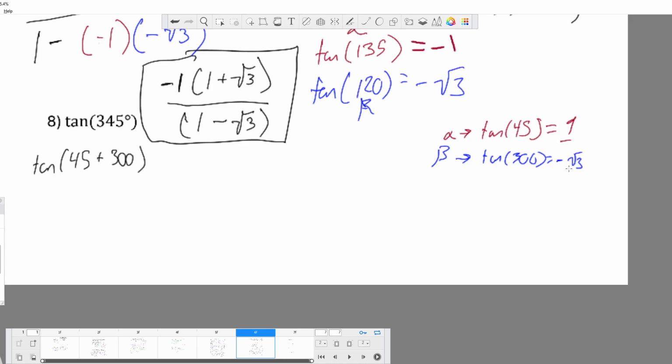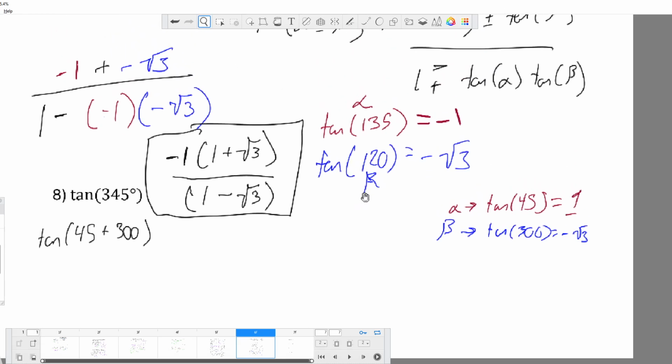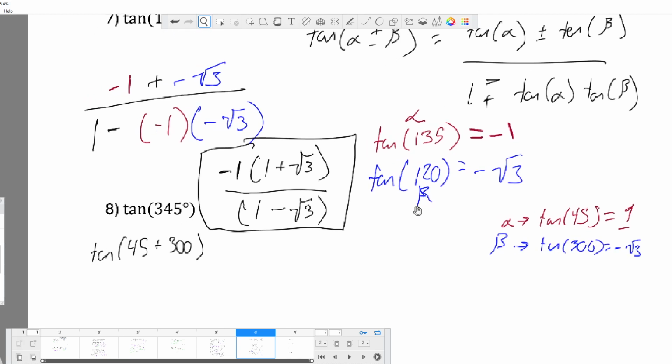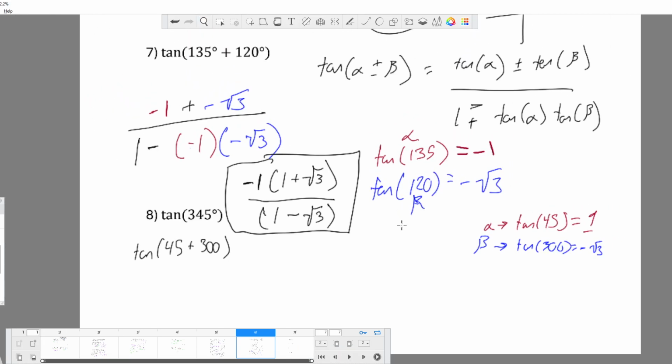And we just need to plug it all back into this tangent formula. I'll scroll up so that I can see it. So it goes tangent of A first. So that would be 1. And I chose to use plus. Plus tangent of B. Just negative square root of 3.